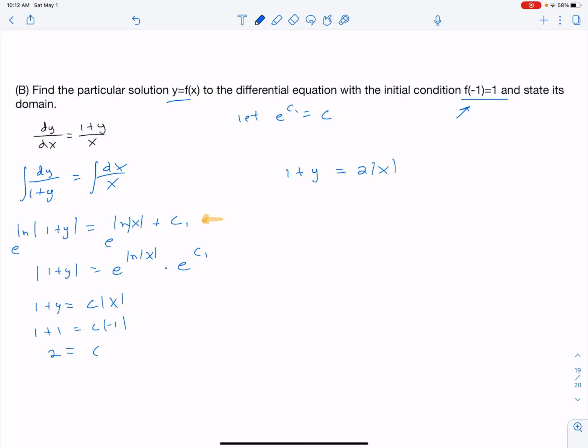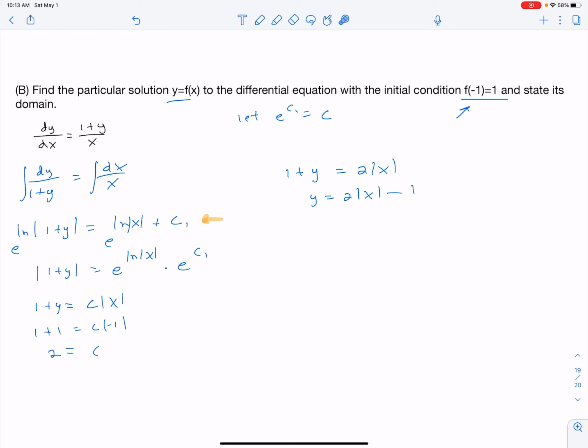There's a couple of things here. First off, we could stop here. Let's see if it actually works. If I plug in -1, I get 2 times the absolute value of -1, so this is 2 minus 1, that's 1. So it does work.